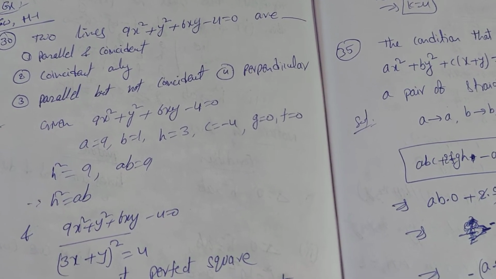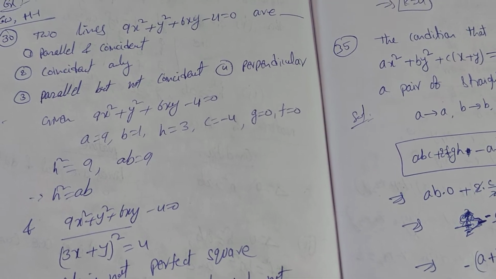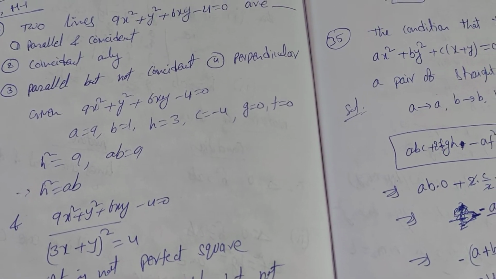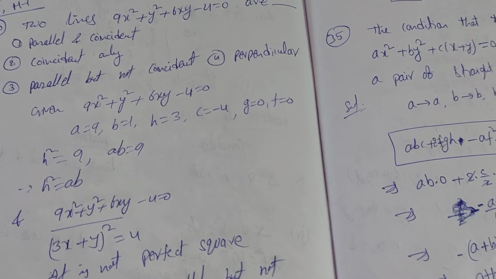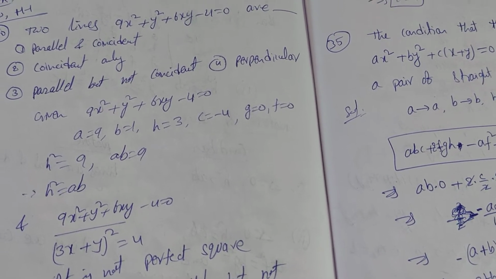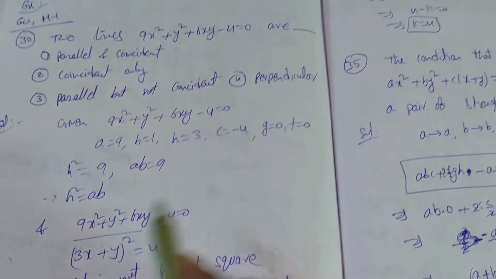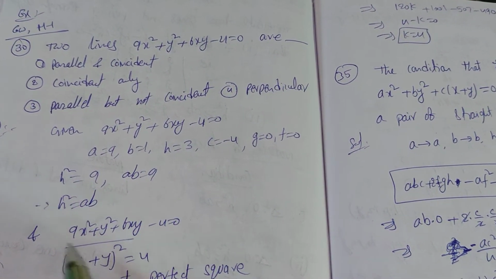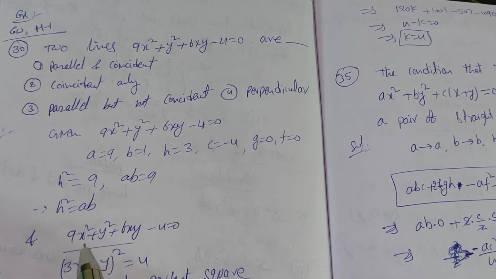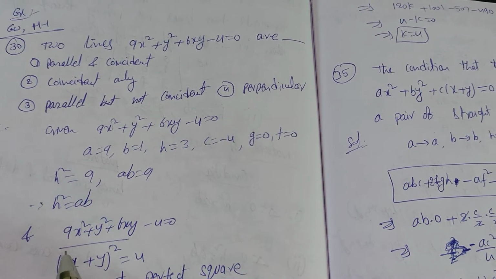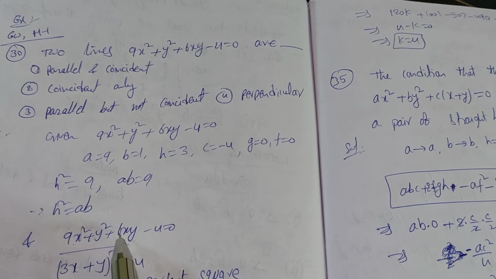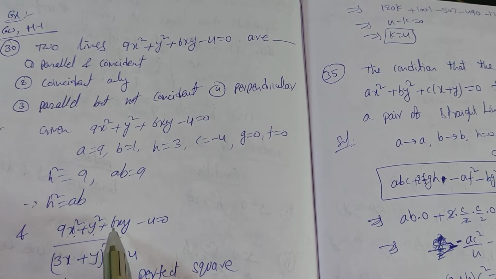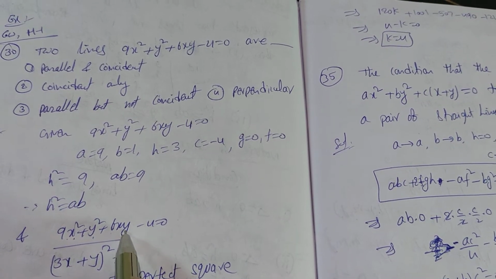If it is a perfect square, then those are only coincident lines. If this is not a perfect square, then parallel but not coincident. Okay. See here, 9x² + y² + 6xy − 4 = 0. Can you write as a perfect square? Something whole square you have to write, but up to here 9x² + y² + 6xy, this one you can write as (3x)² + y² + 2·3x·y.